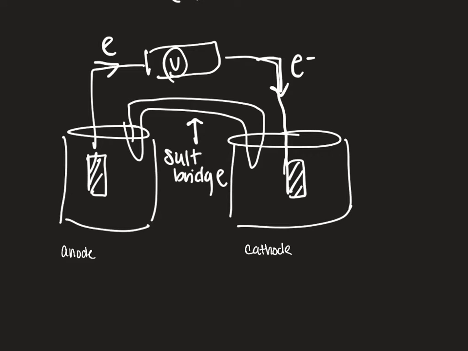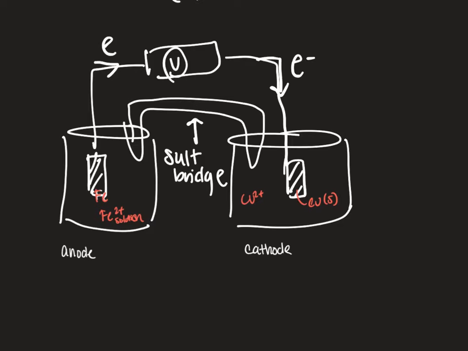So we have our battery, we have our voltmeter, our voltage. Now this is iron. This is iron right here, and this is Fe2+ solution. And right here we have Cu2+ in solution, and we have copper.